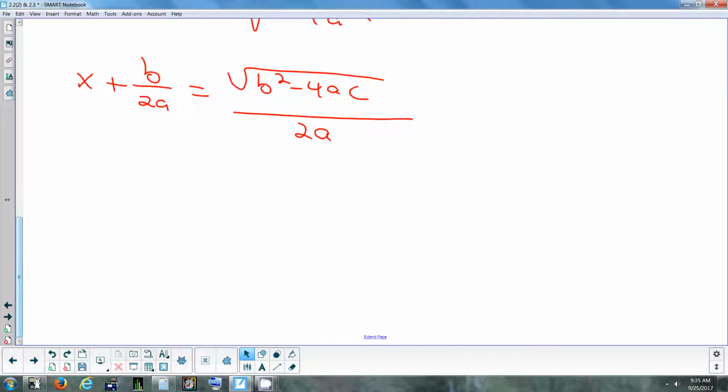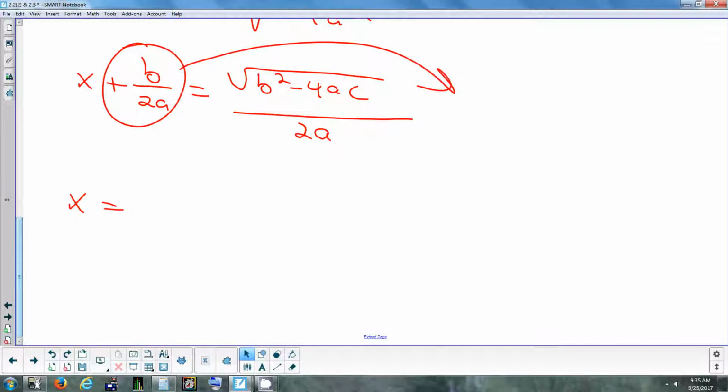And now the last thing is to bring that term to the other side. How would we bring that over? Subtract it. So instead of being a plus b over 2a, what would it become? Negative b over 2a. And I can use the same denominator because these already have the same denominator.